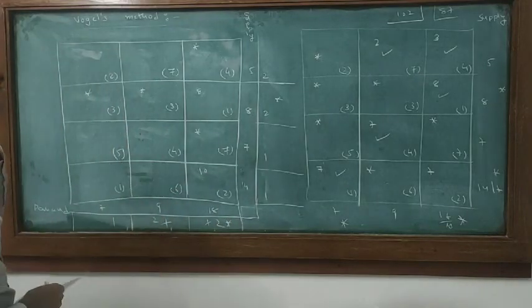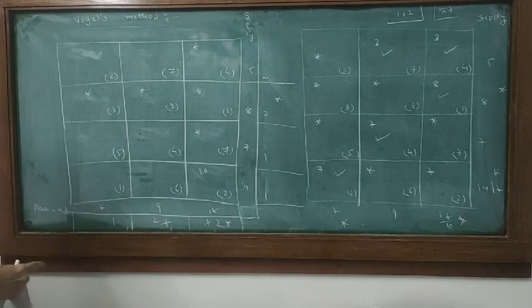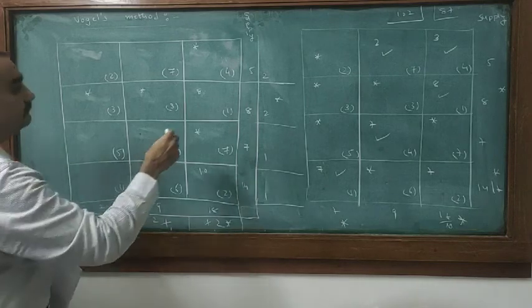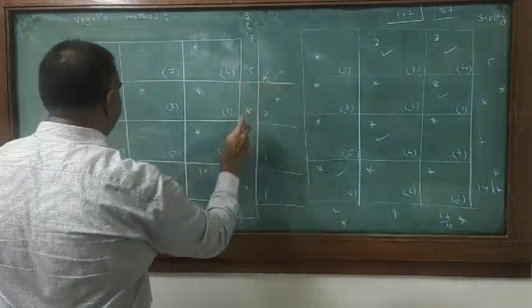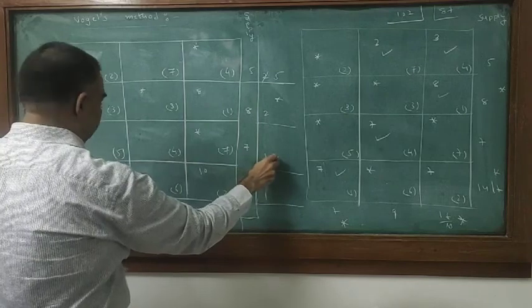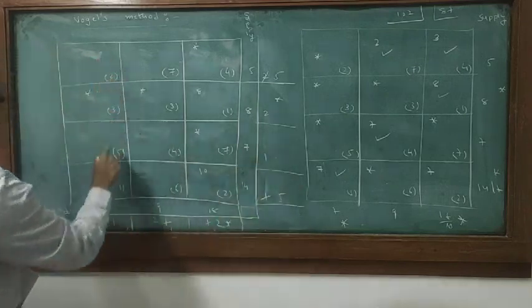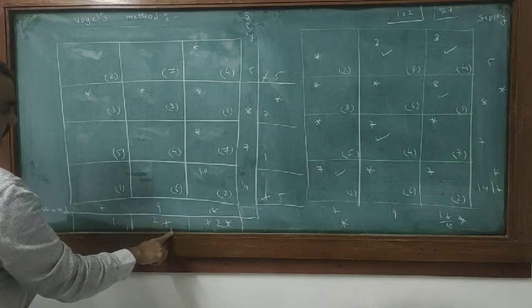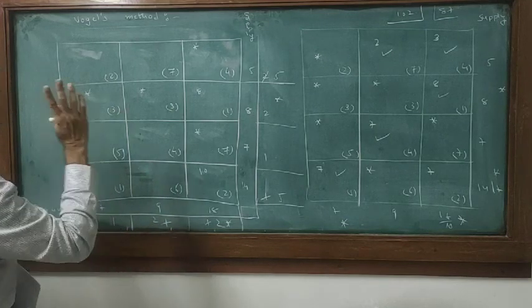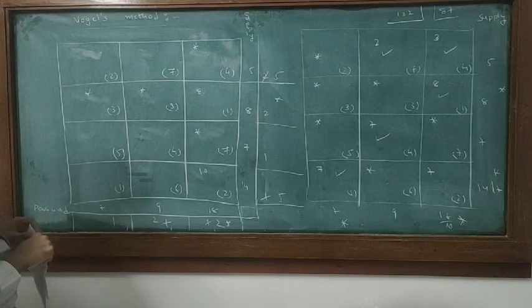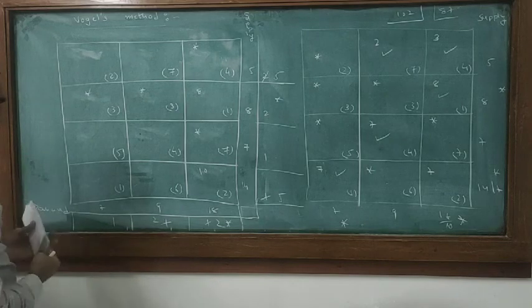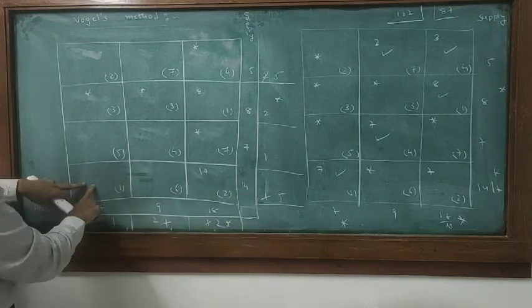This is 10. Now again I calculate penalties: 5, 1, 5, 1 and 2. Now we have targeted this. If I choose that 5, I can apply this one.